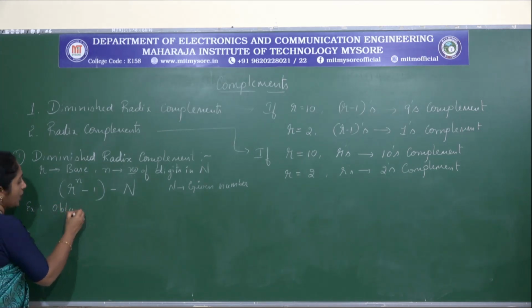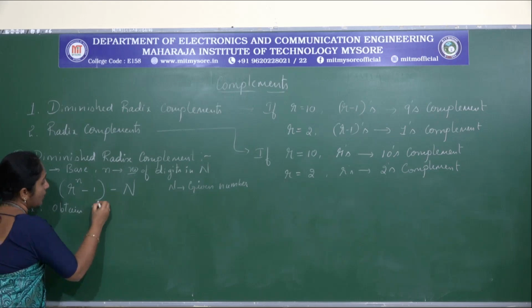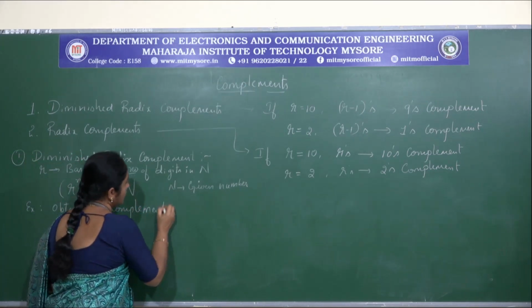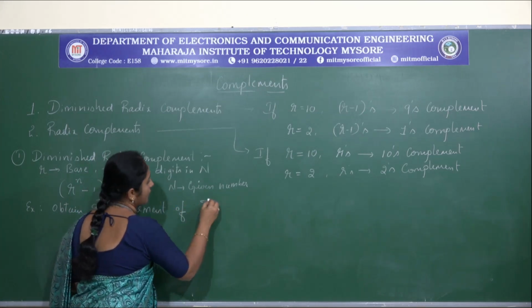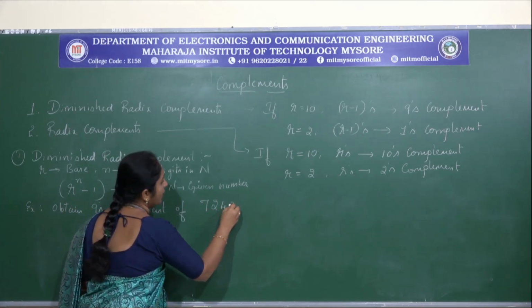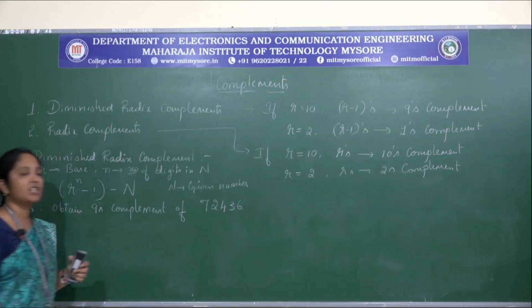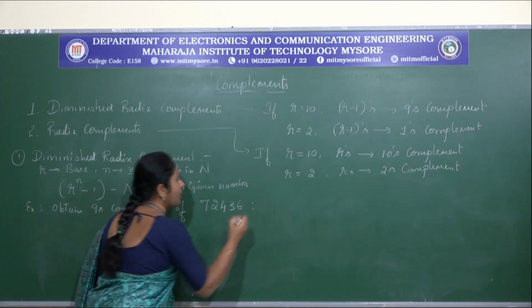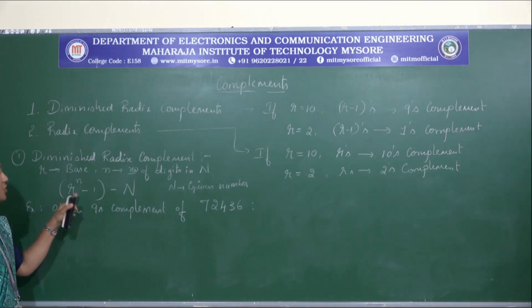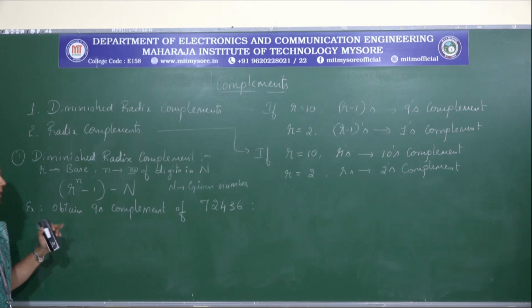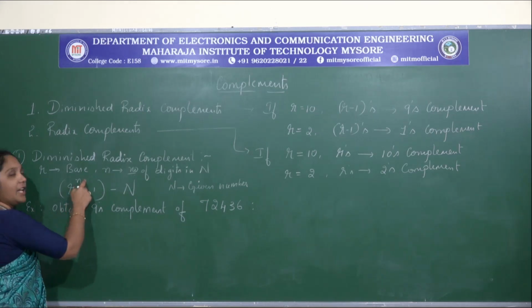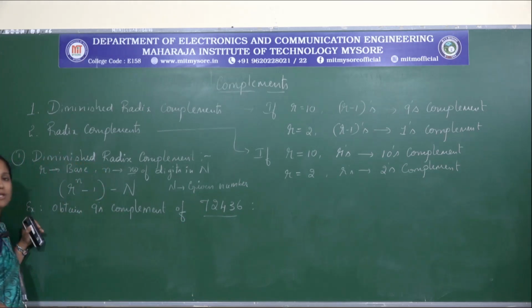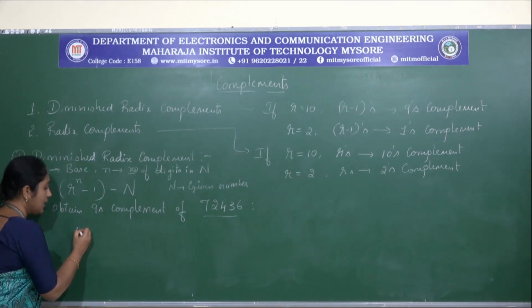Obtain the 9's complement of the number 72,436. Since the number is given in the decimal number system, the base r is 10.